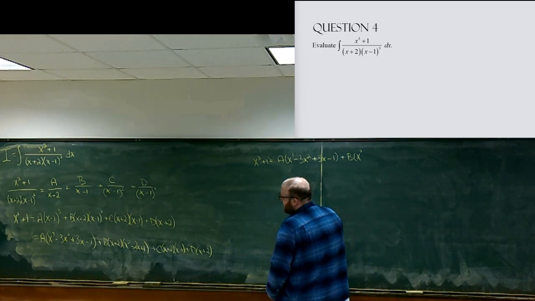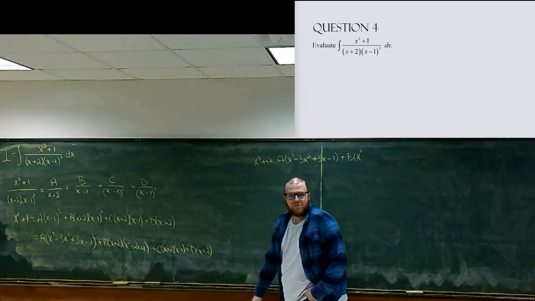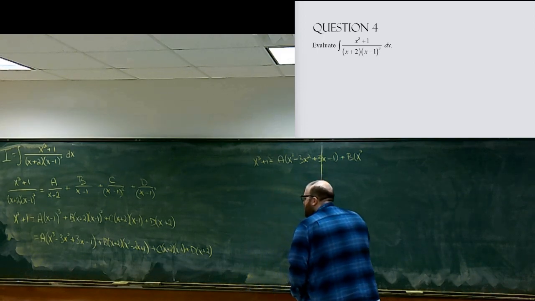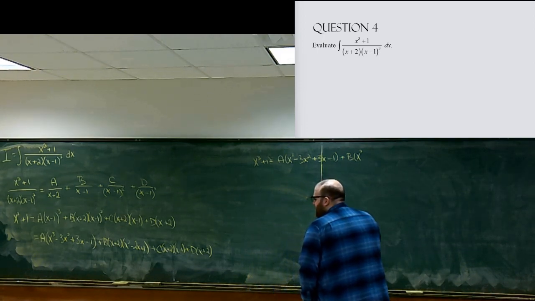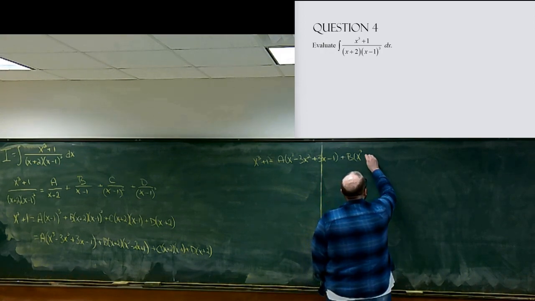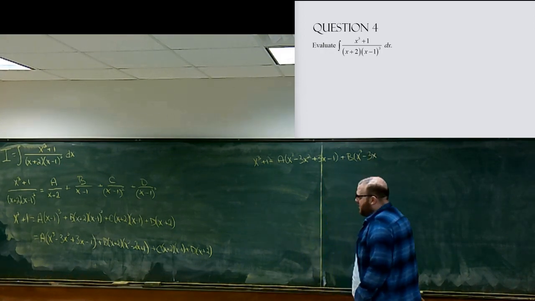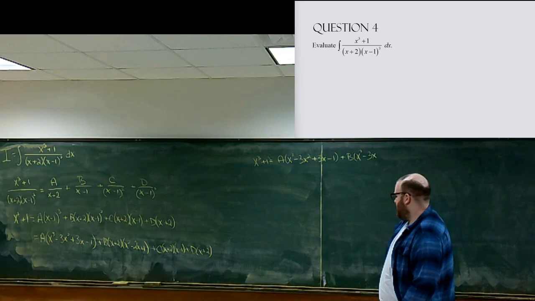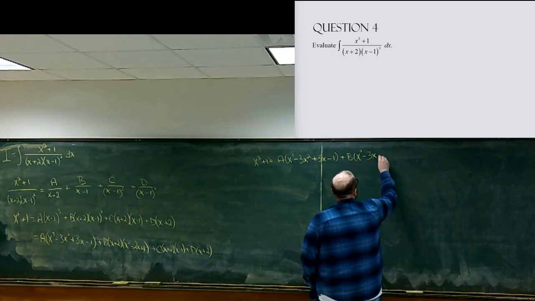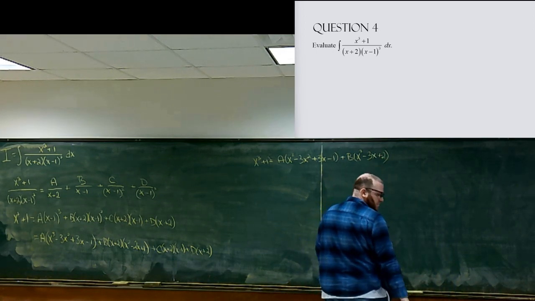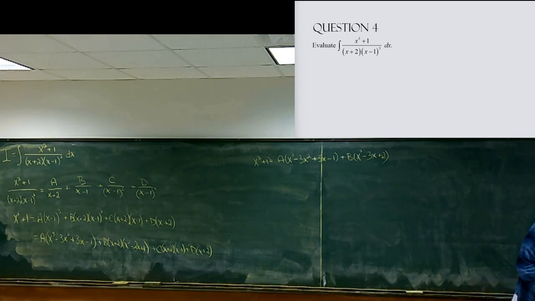x cubed minus 2x squared plus 2x squared. Yay, good one. Plus x minus 4x, so minus 3x, and then plus 2. Do that right.